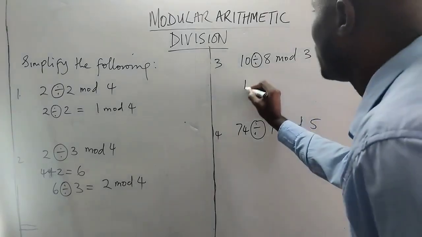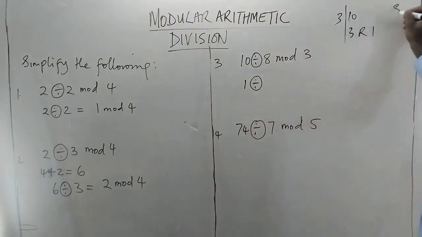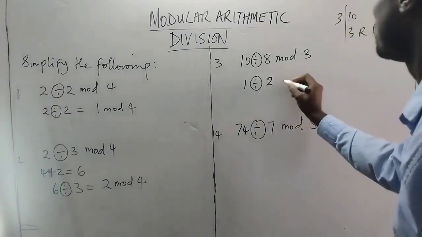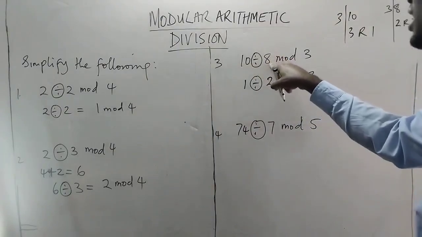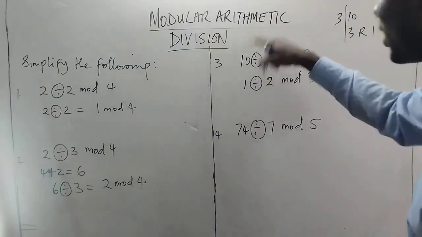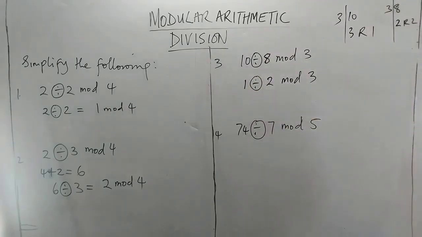So you write 1 divided by 8 divided by 3. That will give you 2 remainder 2. Remember, you write down the remainder 2. So this 10 divided by 8, you can write it as 1 divided by 2 mod 3.